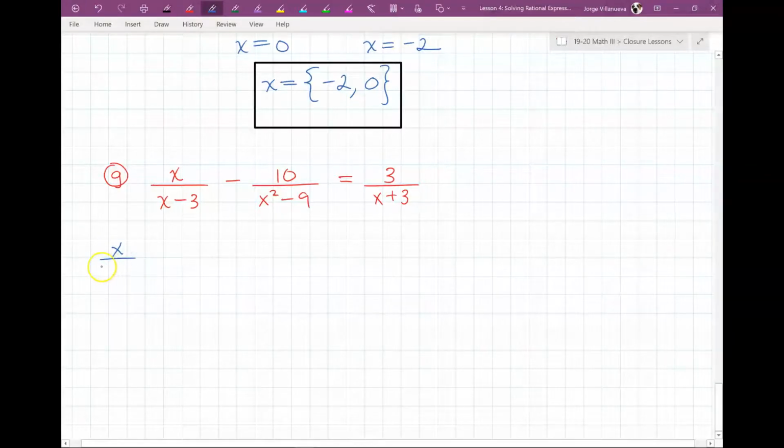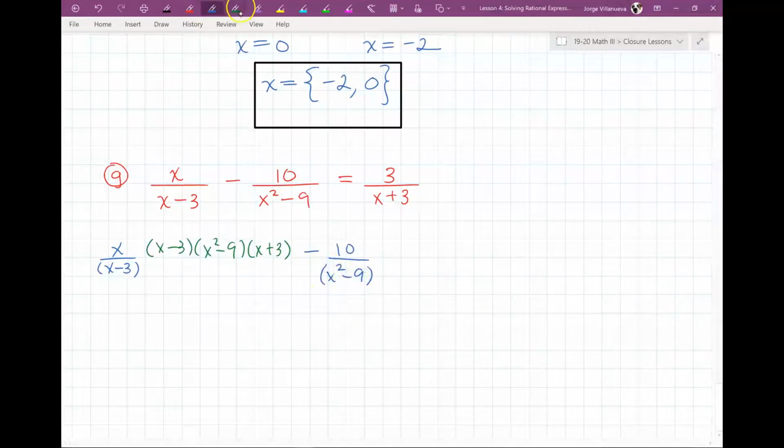So x over x minus 3 times x minus 3, x squared minus 9, x plus 3. Okay, and then we're going to put minus 10 over x squared minus 9.